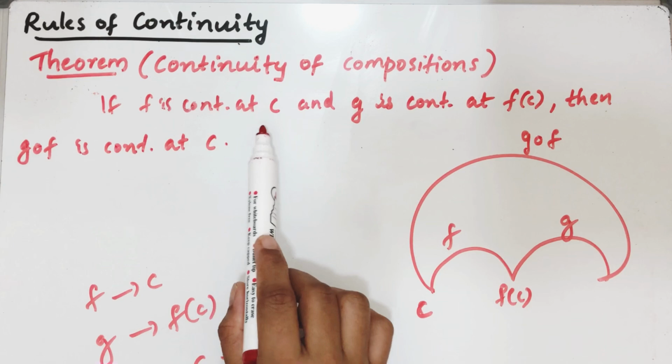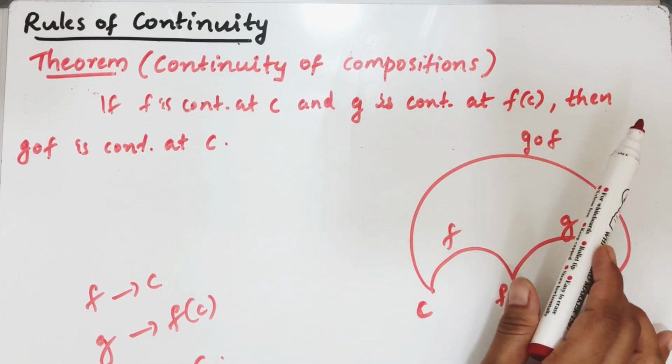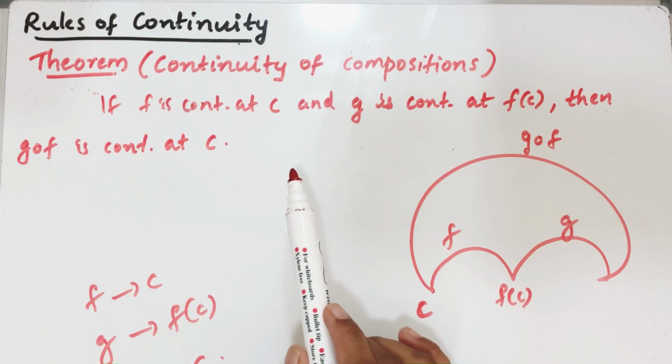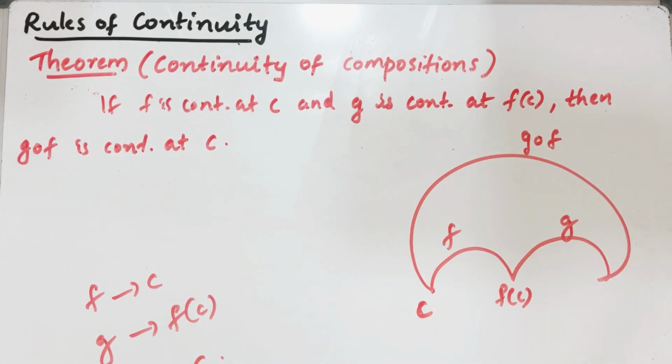If f is continuous at c and g is continuous at f of c, then g composite f is continuous at c. We can see some examples.